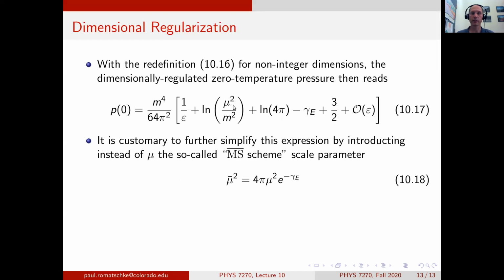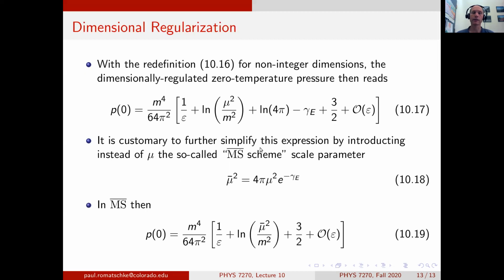If you plug this in, it just cancels these two terms and gives us a slightly nicer expression for the zero temperature pressure when we express everything in terms of this modified parameter mu bar. So MS bar really stands for minimal subtraction modified scheme.